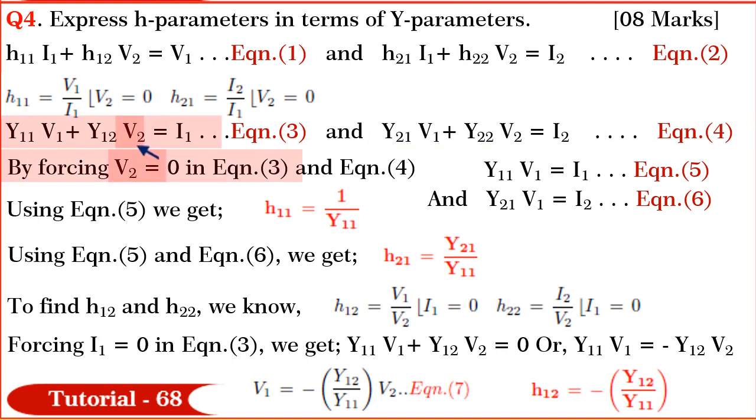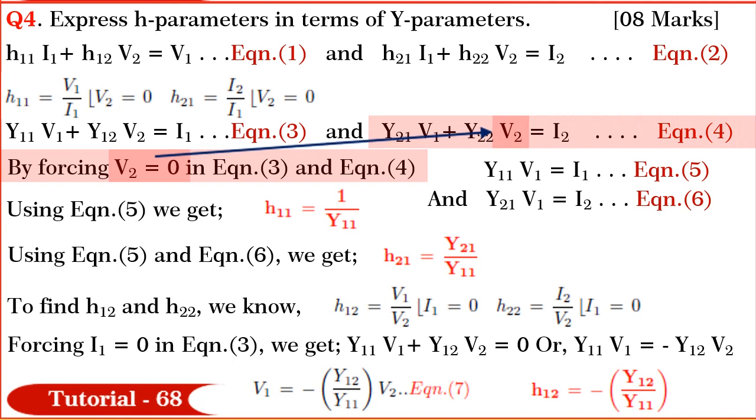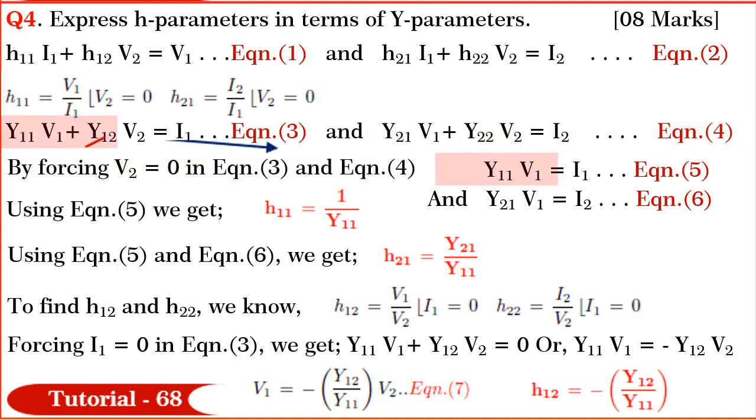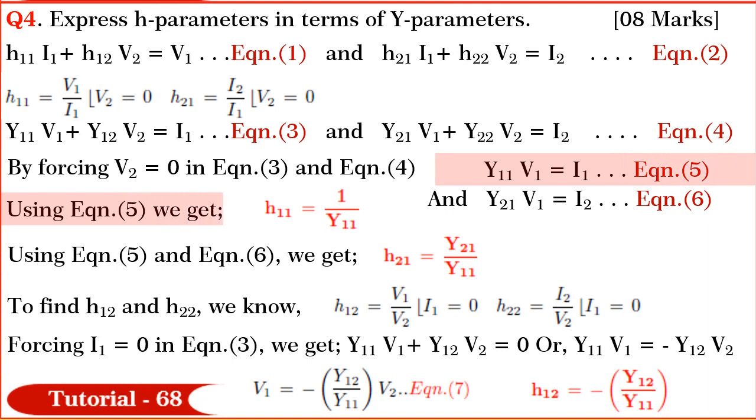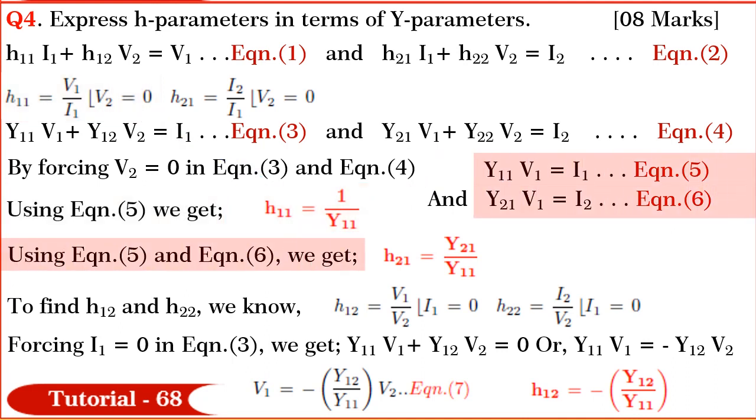By forcing V2 equal to 0 in equation 3 and in equation 4, we get Y11 V1 is equal to I1 and Y21 V1 is equal to I2. Using equation 5, we get H11 is equal to 1 upon Y11. Similarly, using equation 5 and 6, we get H21 is equal to Y21 divided by Y11.